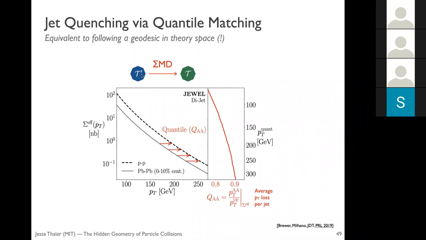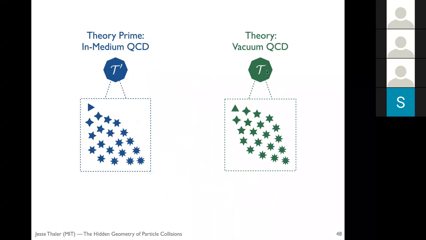Yeah. Good. So I have one theory that gives rise to certain jet configurations, and these symbols are supposed to represent individual events weighted by their cross section. Do the same analysis, QCD and medium, I get a different set of configurations.